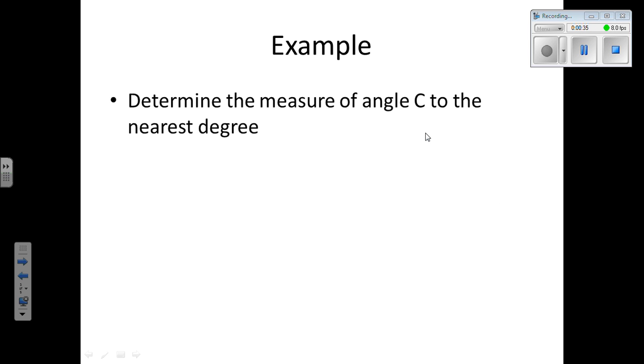So what we want to do is start with determining the measure of angle C to the nearest degree.